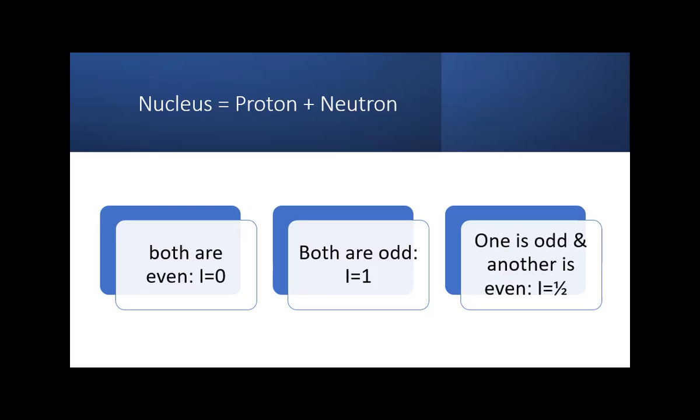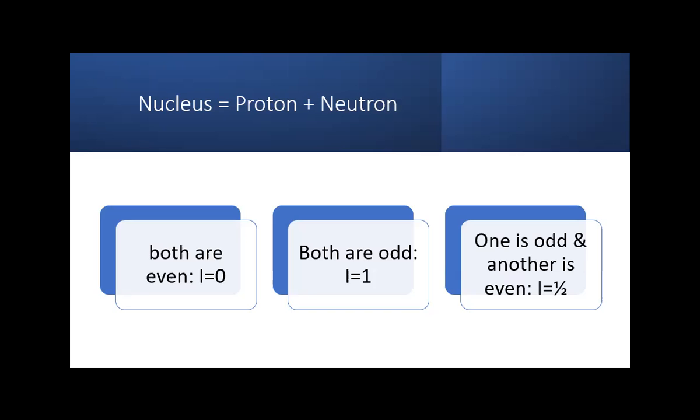The spin quantum number will be half when, for example, here the proton number is odd and the neutron number is even. When we get odd nuclei, meaning the sum of protons and neutrons is odd, we get half, because we have one proton that is not paired.